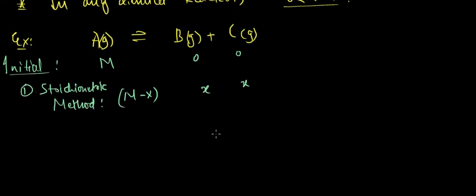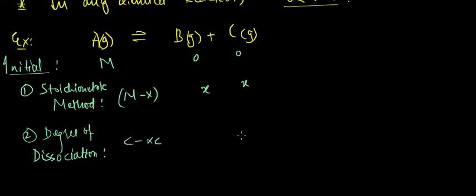And the second method which we are talking about is the degree of dissociation, which basically says that the concentration of the following compounds at equilibrium would be C minus alpha C for the reactant, and alpha C for each of the products getting formed.